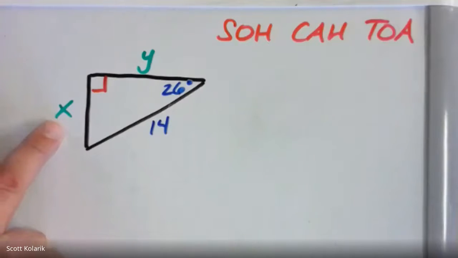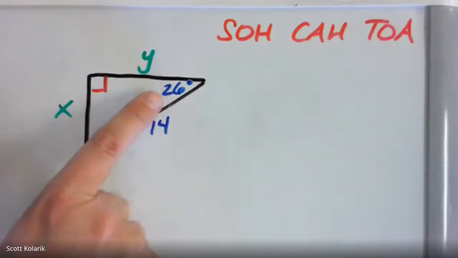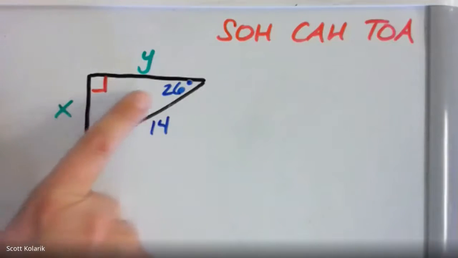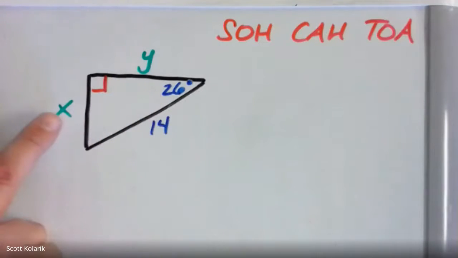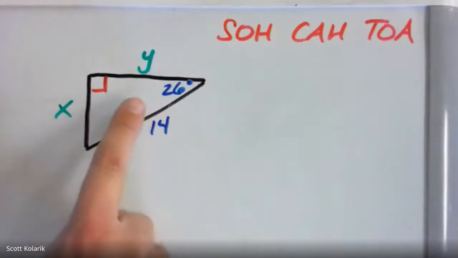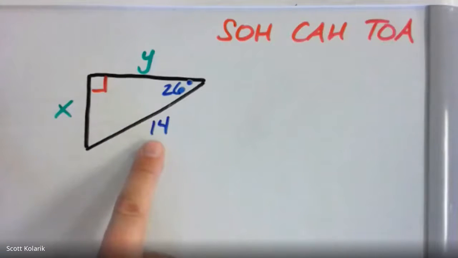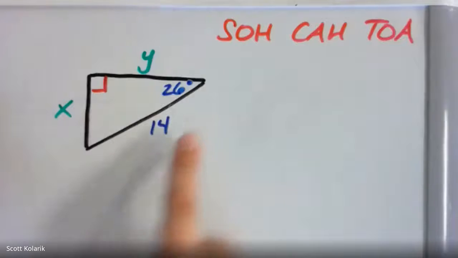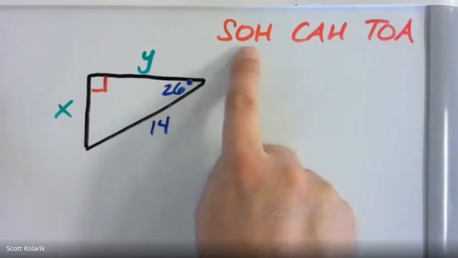I just want to have a single unknown, and that way I can get that unknown by itself and solve for it. So in this case, if I'm comparing this 26 degrees, x is opposite the 26 degrees. And then the other one that I actually know here is the hypotenuse, this 14. So I have opposite and hypotenuse, O H. I'm going to be using sine.